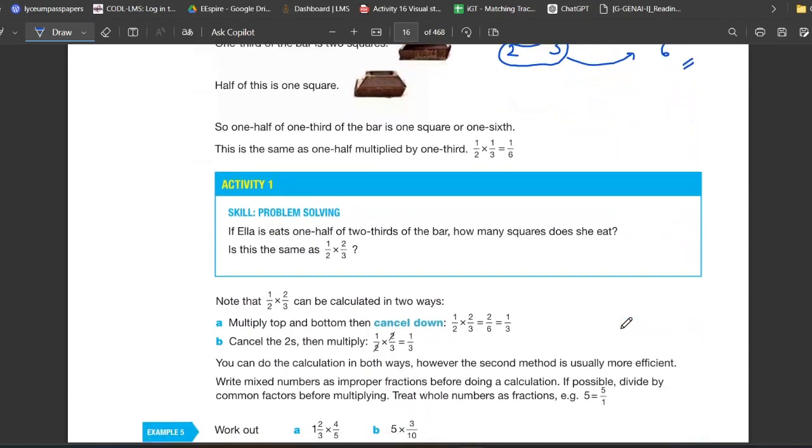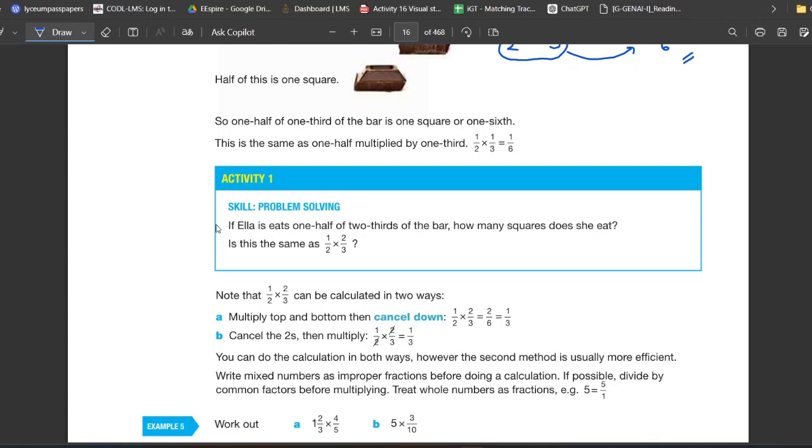Okay. If we do this example, what are they asking? Ella eats 1/2 of 2/3 of a bar. "Of" means multiplication. 1/2 of 2/3 of a bar. 2/3 means 2 over 3. For the bar, how many squares does she eat?